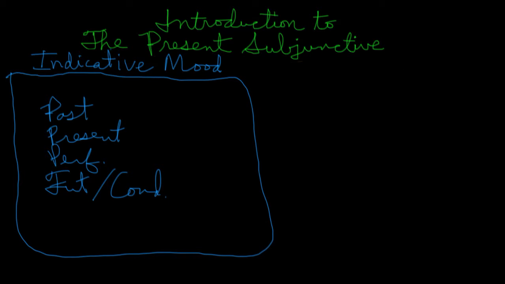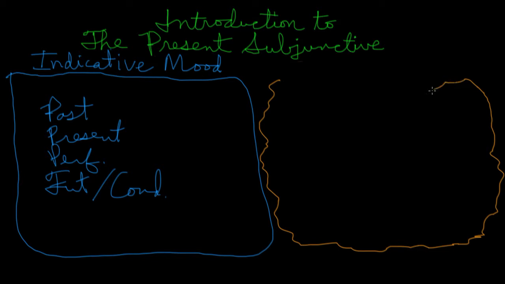All right. Now, next to this very comfortable world that we know well is a different kind of world, one that is not so clear and straightforward, one where things change according to people's will, their desires, their doubts, their emotions. And this one is called the subjunctive.